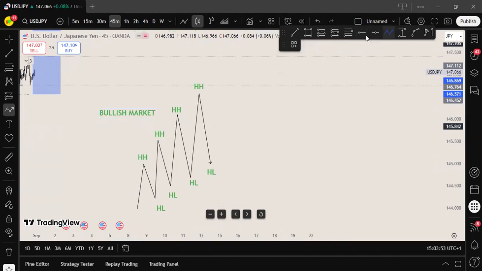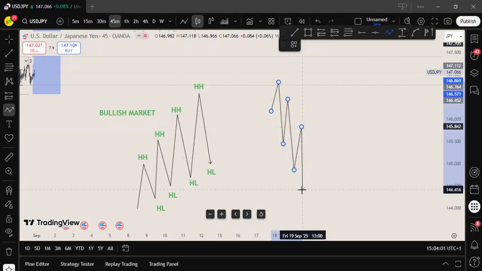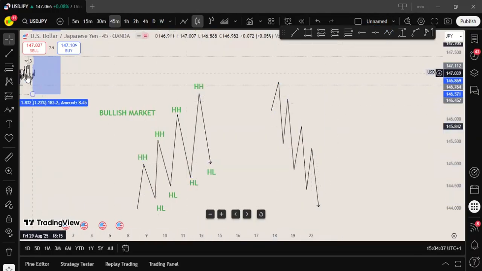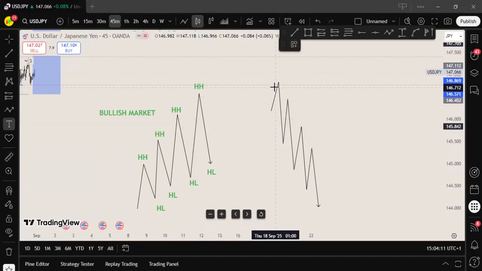But if the market is in a downtrend, let's say a bearish trend, because if the market is going down, creating a series of lower highs and lower lows, it means the market is in a bearish trend. Now, let me name it out for you guys again.